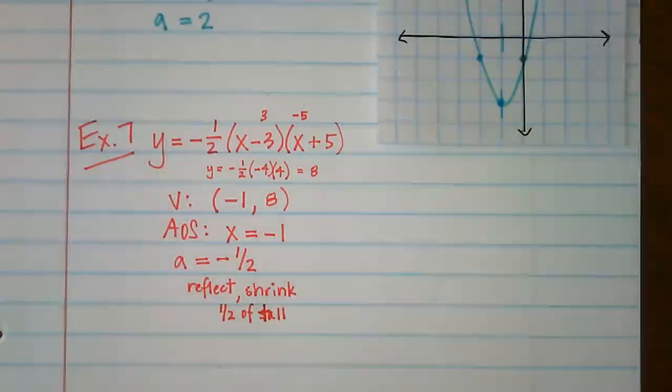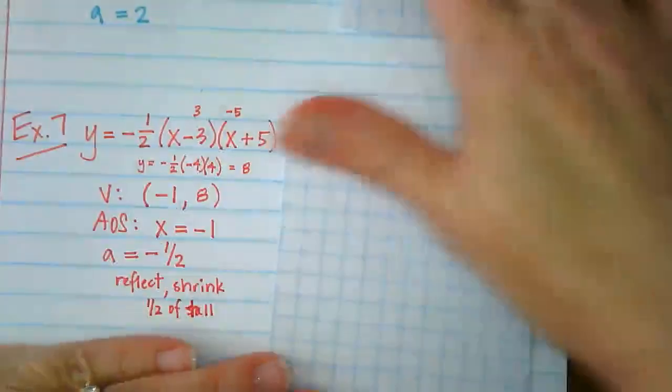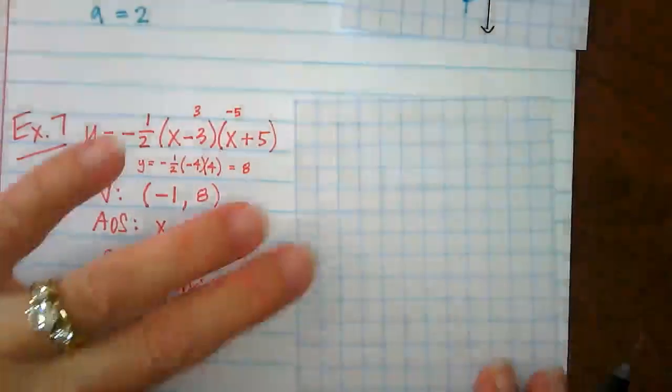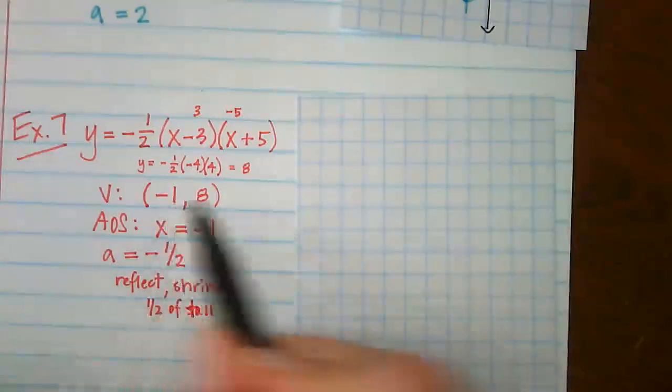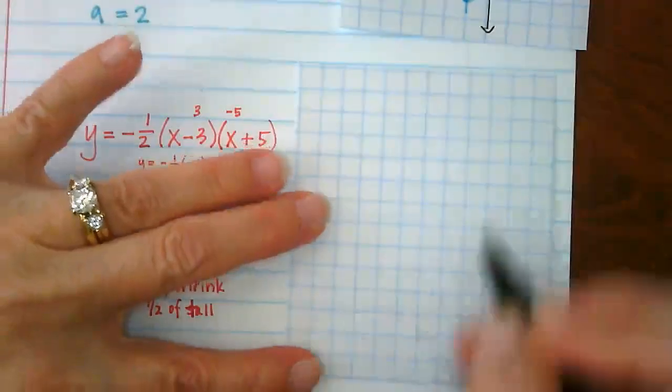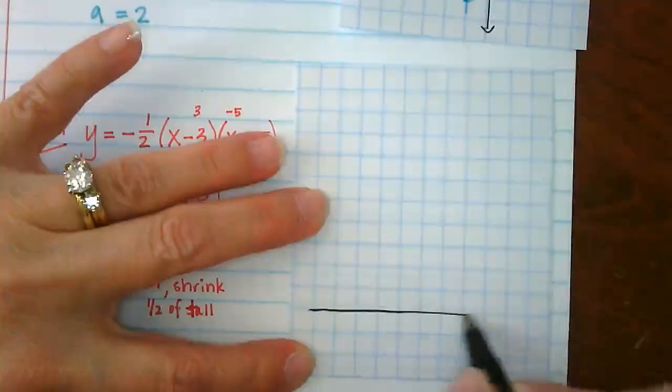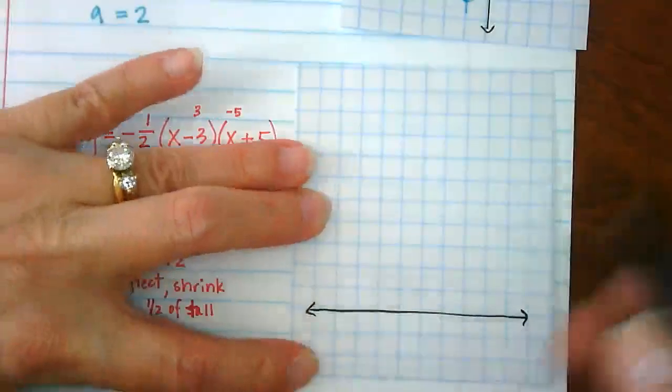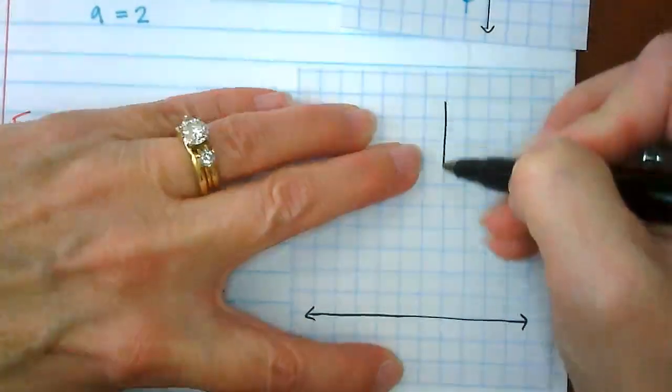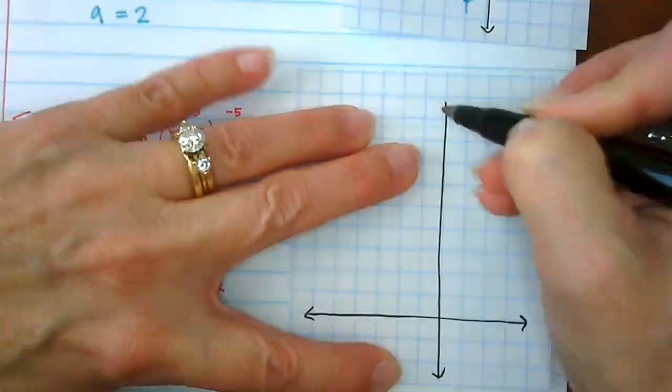All right, so here we go. Let's get a piece of graph paper here. And the vertex is -1/8, so I need more on the top than on the bottom. So I'm going to set my x-axis and y-axis like this.